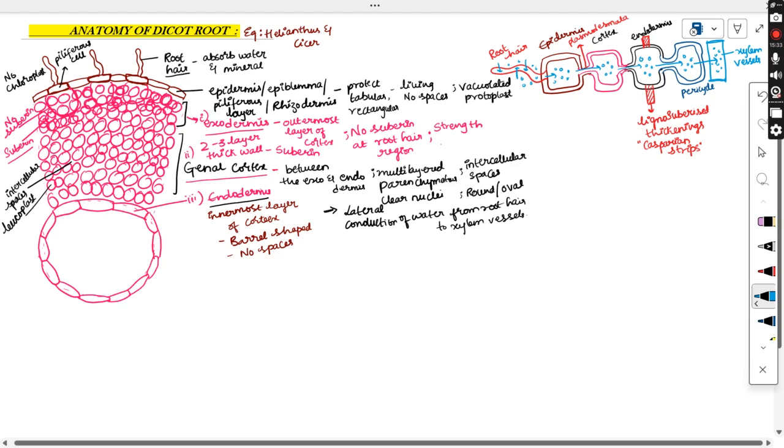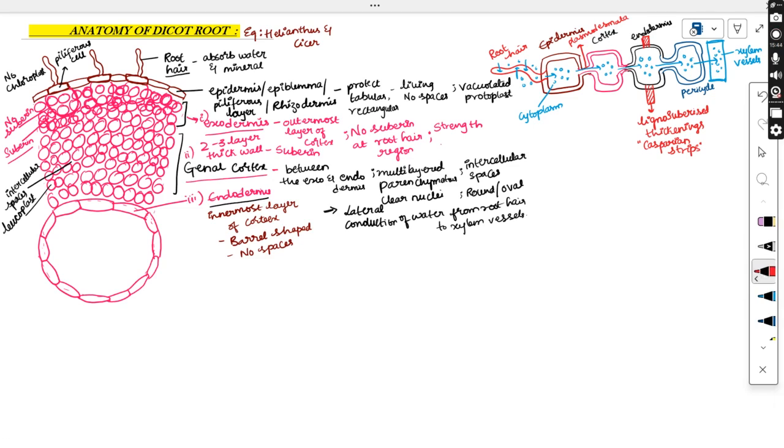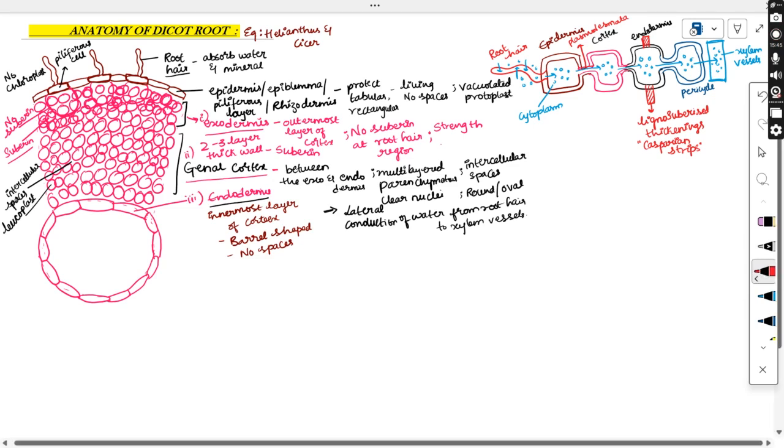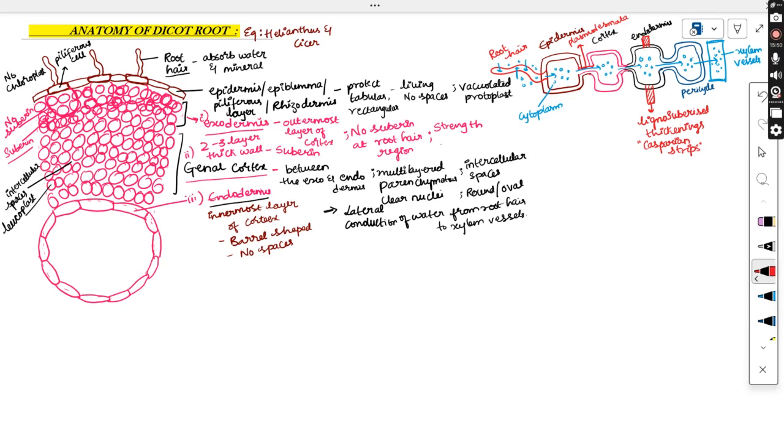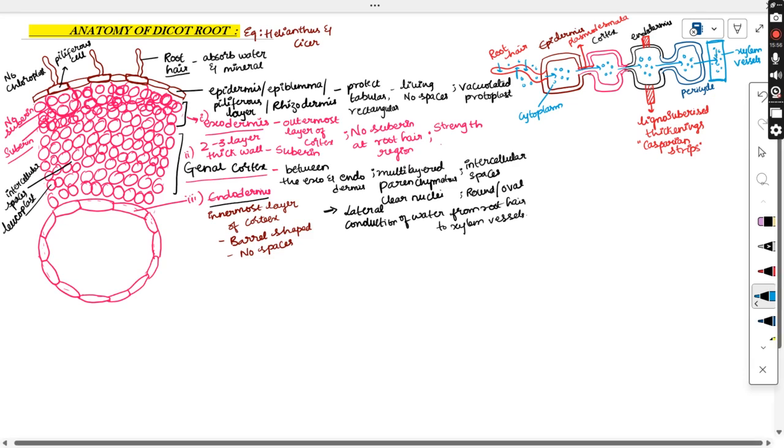If you look here, each plant cell contains the cell wall and the cytoplasm. Let us say this is the cytoplasm. The connections are well established between the cytoplasm of each cell. So after the absorption of water, the water is transported through the cytoplasm of all the cells, finally reaching the xylem.